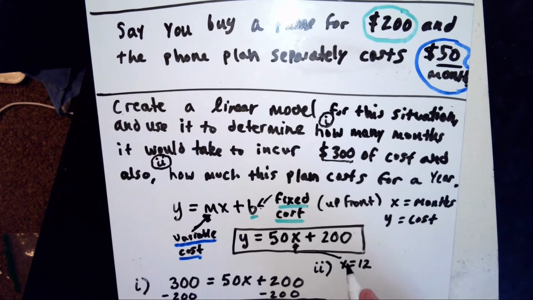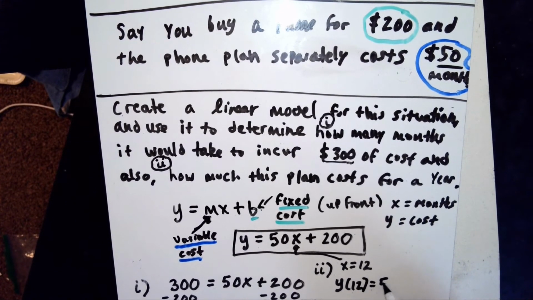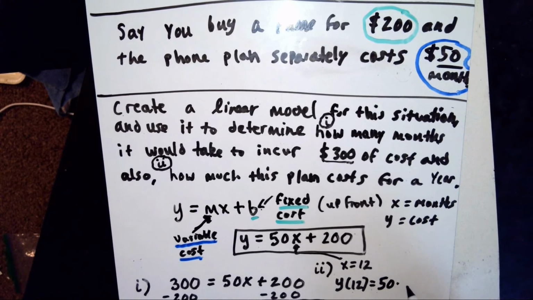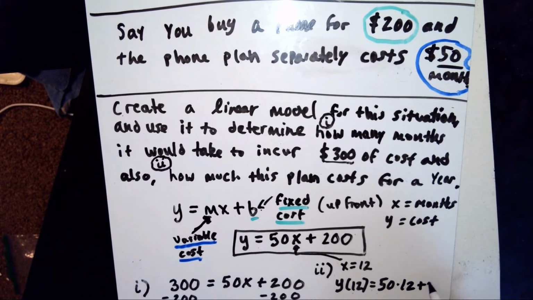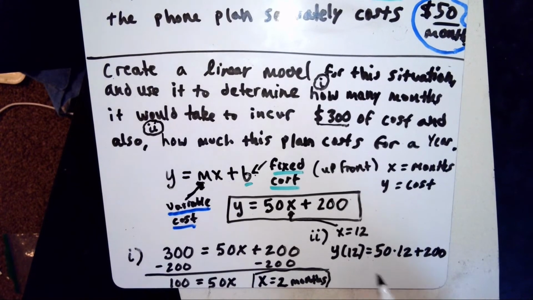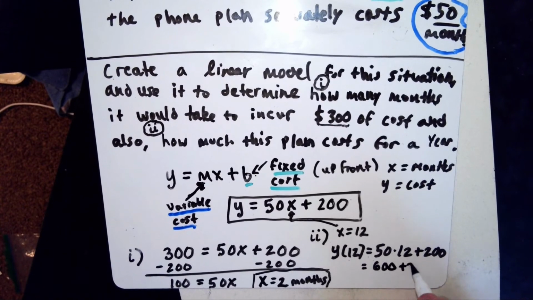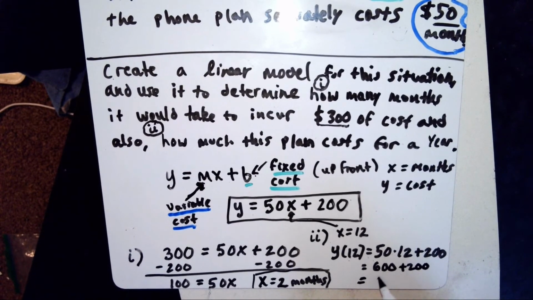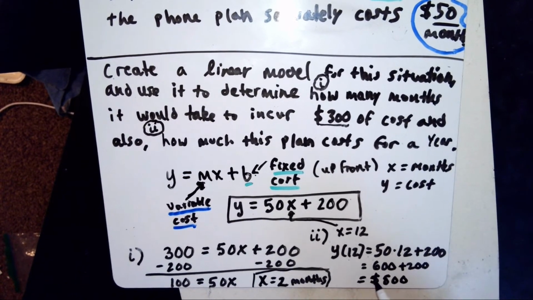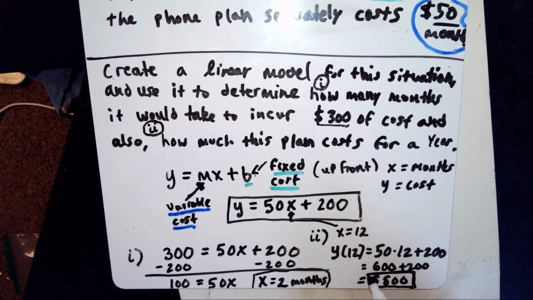So we plug in x equals 12, and we get y of 12 is 50 times 12 plus 200. 50 times 12 is 600, plus 200 gives us $800 total. So this phone plan will cost you $800 for a year.